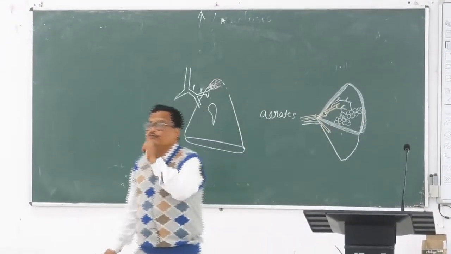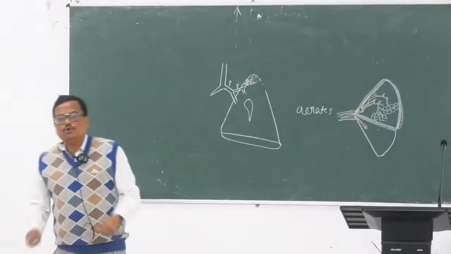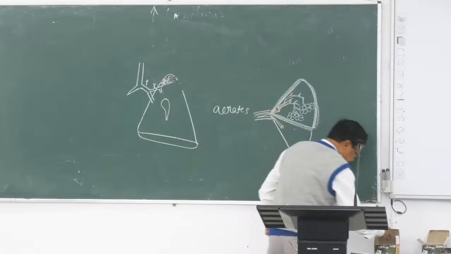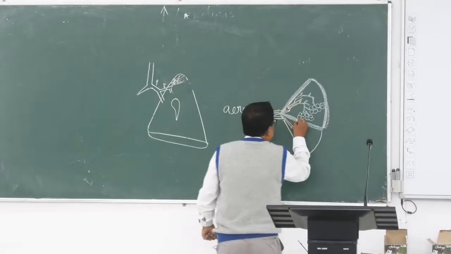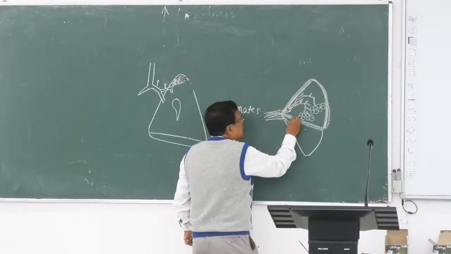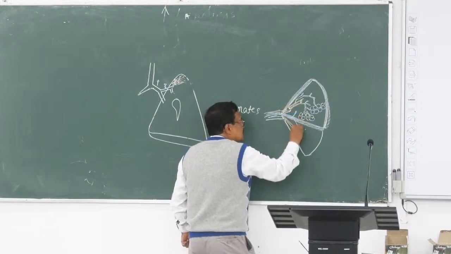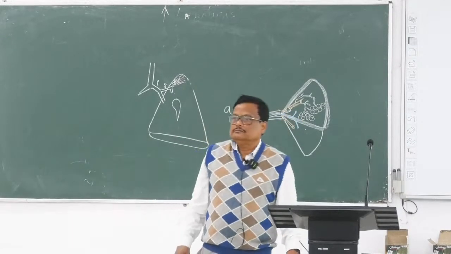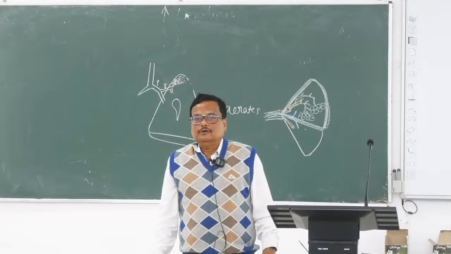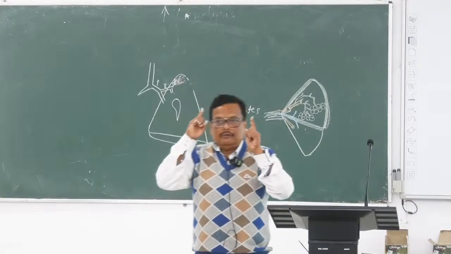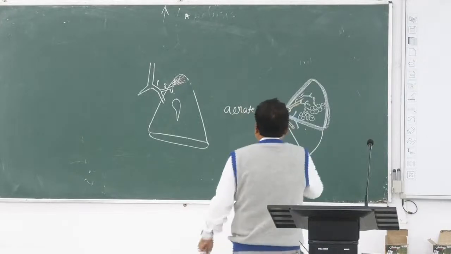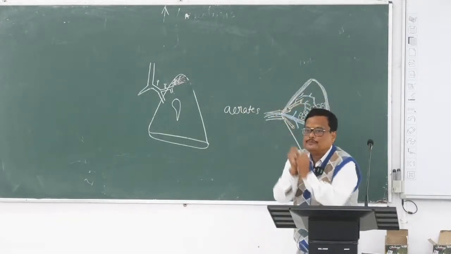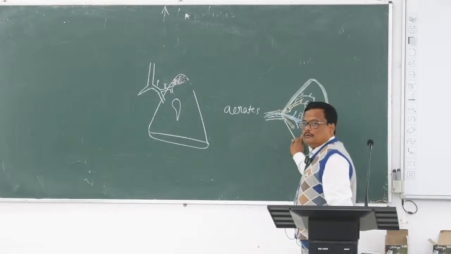But it is not true for the vein. The vein is running here in the intersegmental plane and drains the adjacent bronchopulmonary segment. So, if this tertiary bronchus is blocked, this whole bronchopulmonary segment will collapse, but not this one.